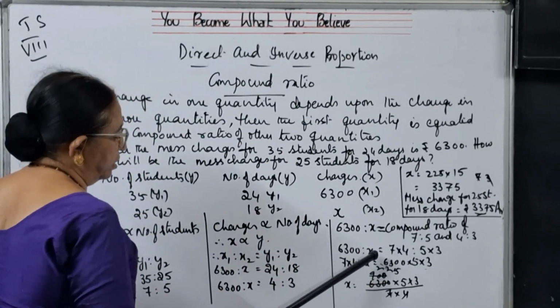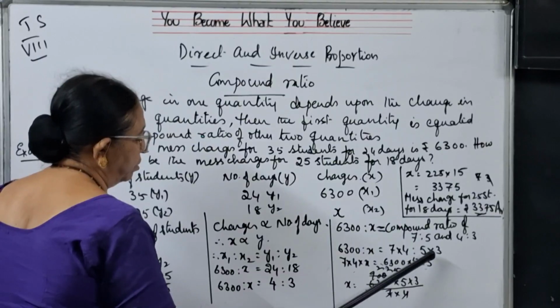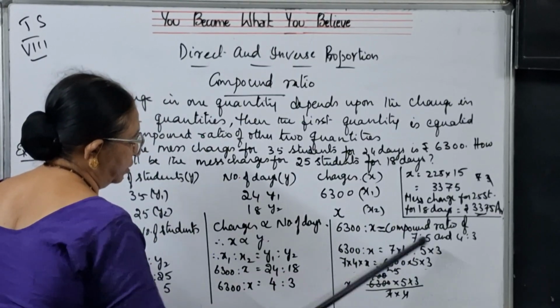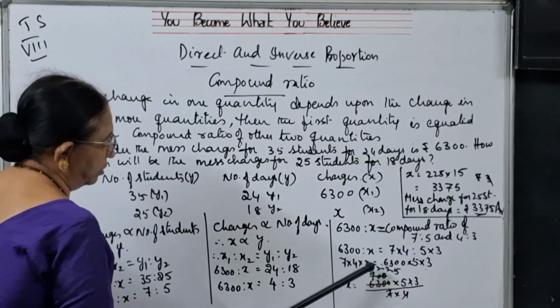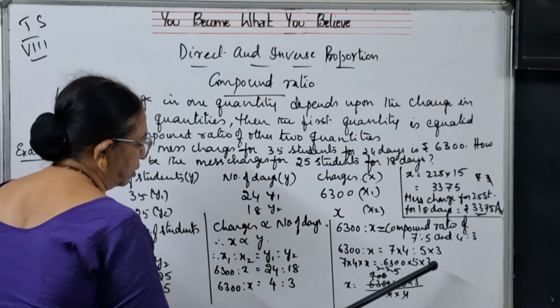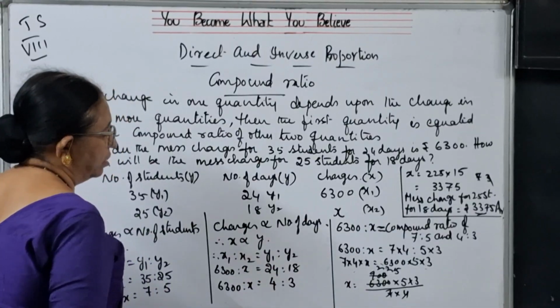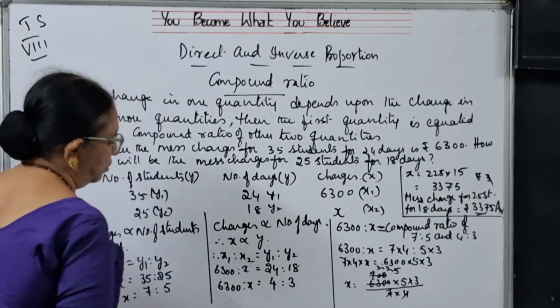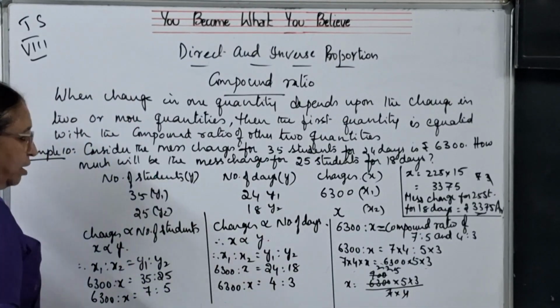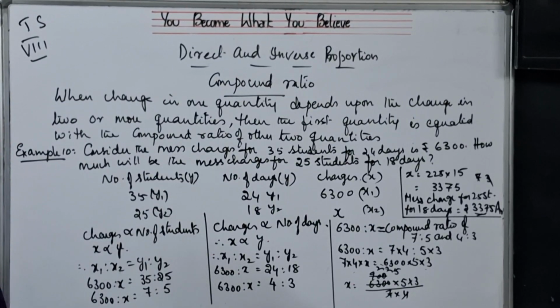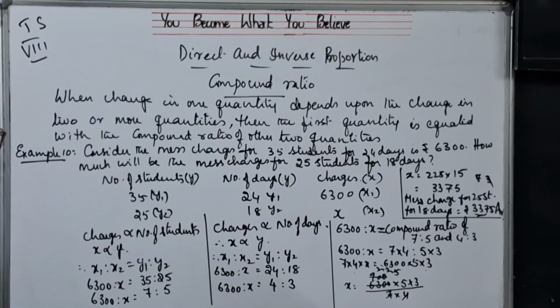So 6300 is to x is 7 into 4 is to 5 into 3. So product of means is equal to product of extremes. 7 into 4 into x is equal to 6300 into 5 into 3. So we have got the x value, 3,375 rupees. The mess charges for 25 students and for 18 days is 3,375. Please note it down, children.